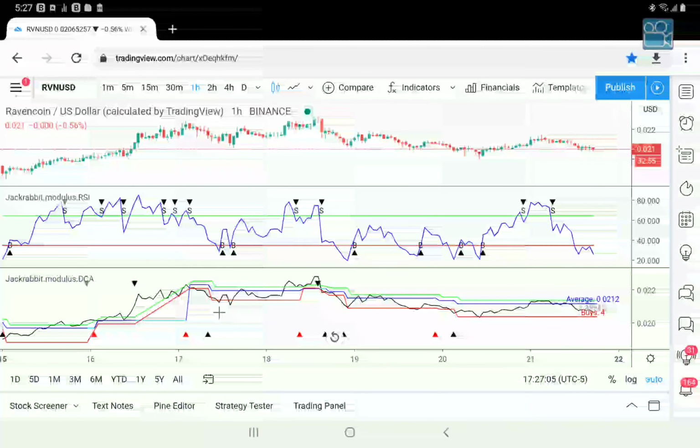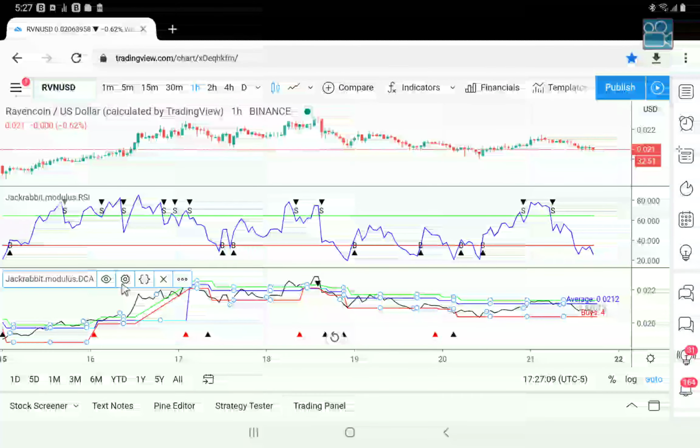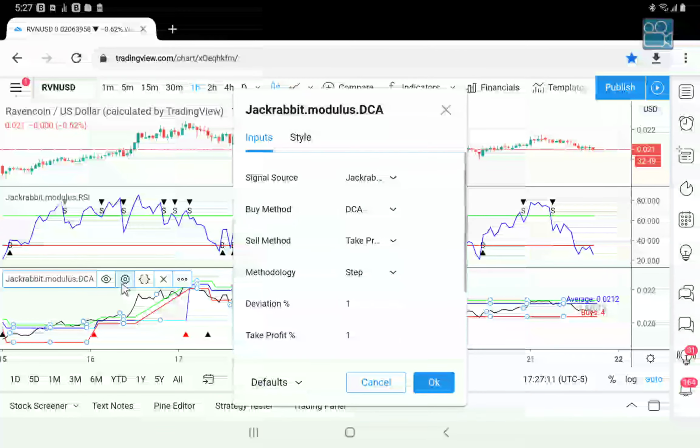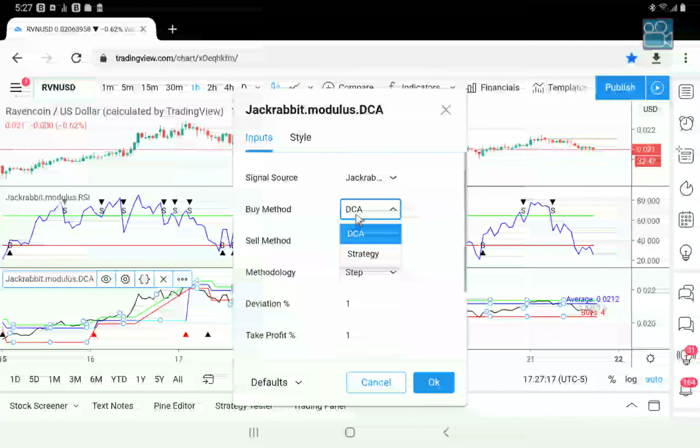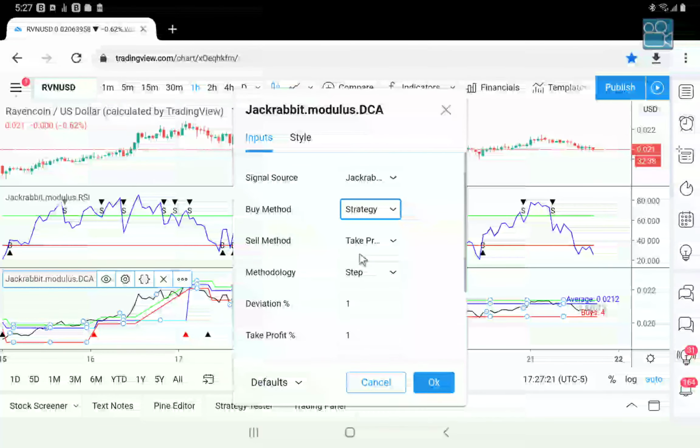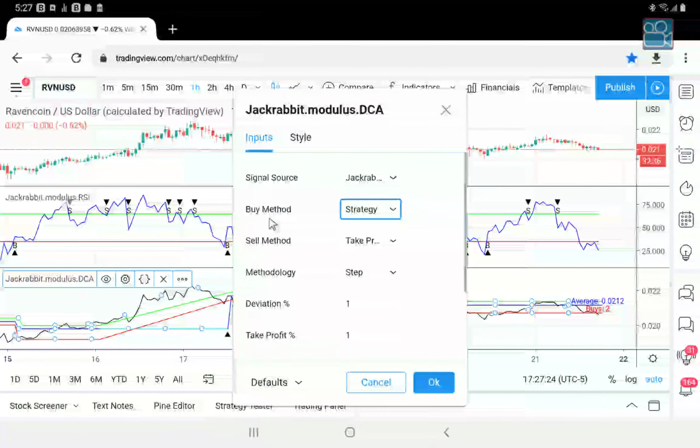Now we get to the special part. The part that everybody's been asking for. How do you sell by strategy and only with a profit? Well, you can actually buy by strategy as well. And that means only the buy signals that drop below the deviation will actually trigger the dollar cost averaging engine.